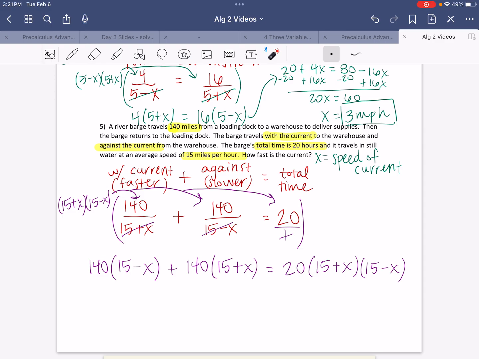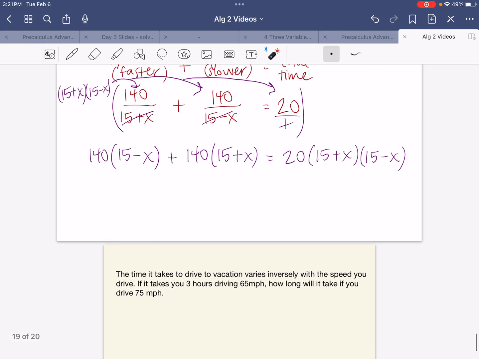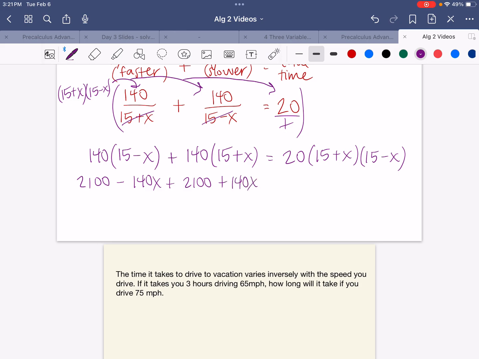So remember, you can use a calculator if needed. 140 times 15, a calculator would be smart. We're going to do 2100 minus 140x plus 2100 again, plus 140x, so those are canceling.